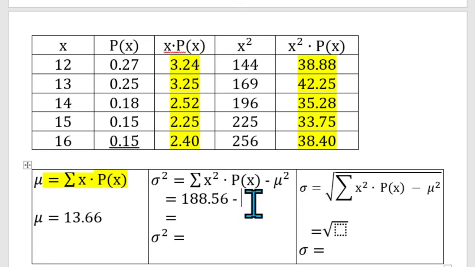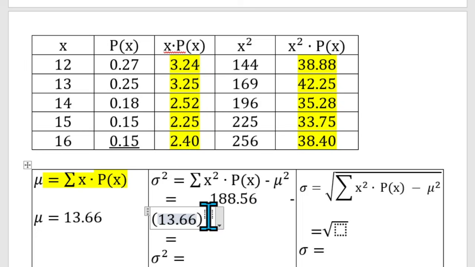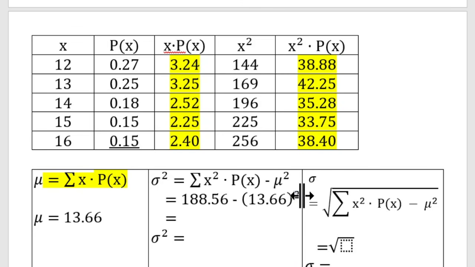That is 188.56 minus the square of the mean. The mean is 13.66 squared. Okay, let me adjust this one. There you go. And 188.56 minus 13.66 squared is equal to 186.5956.